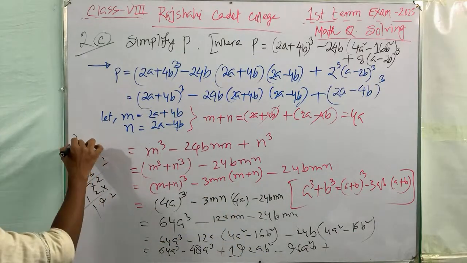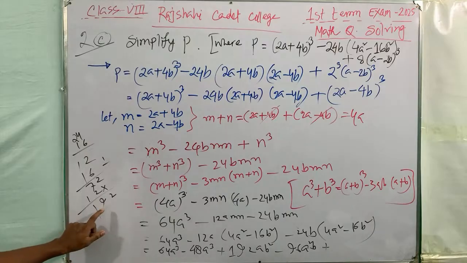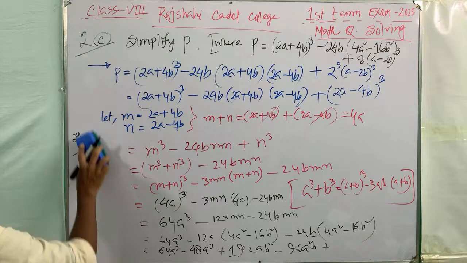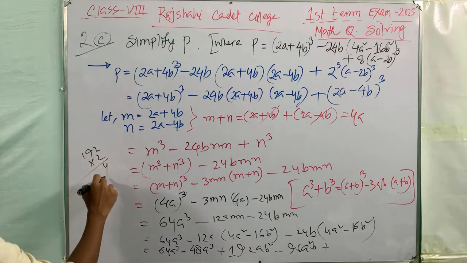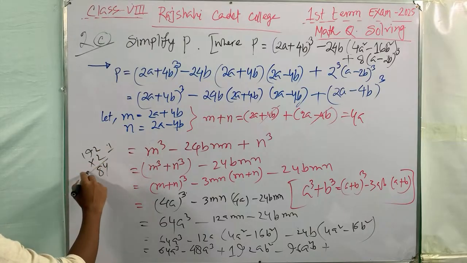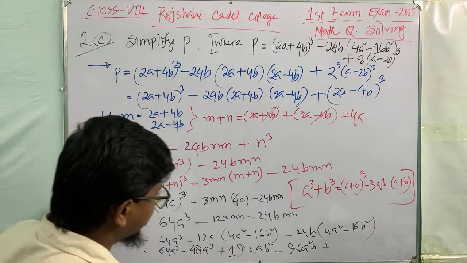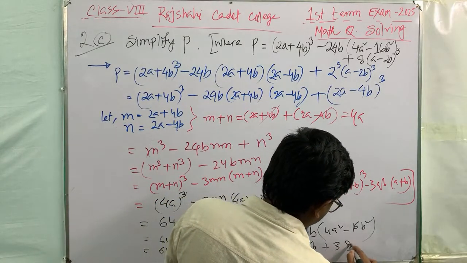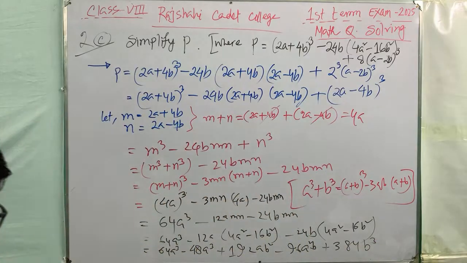Well, 24 times 16 is basically double of this, right? So 192 times 2. 24 times 16 is 192 times 2. That would be 384. You can use your calculator for that. No problem.